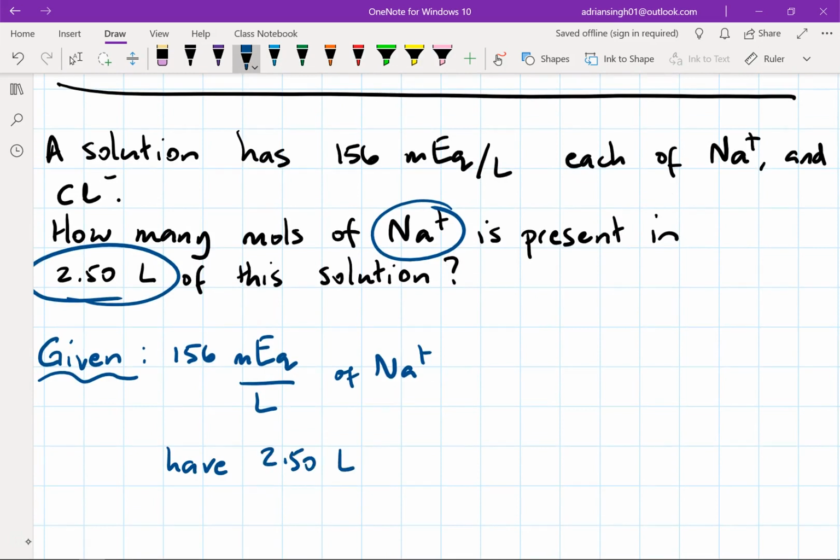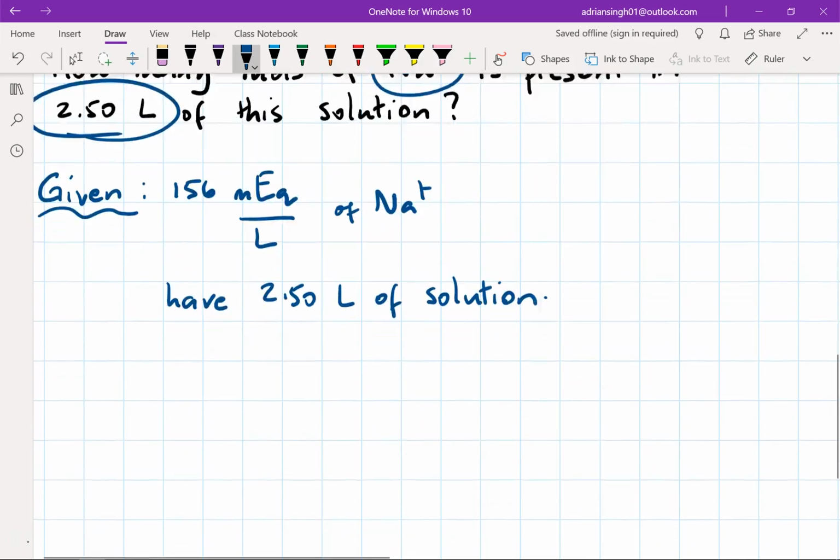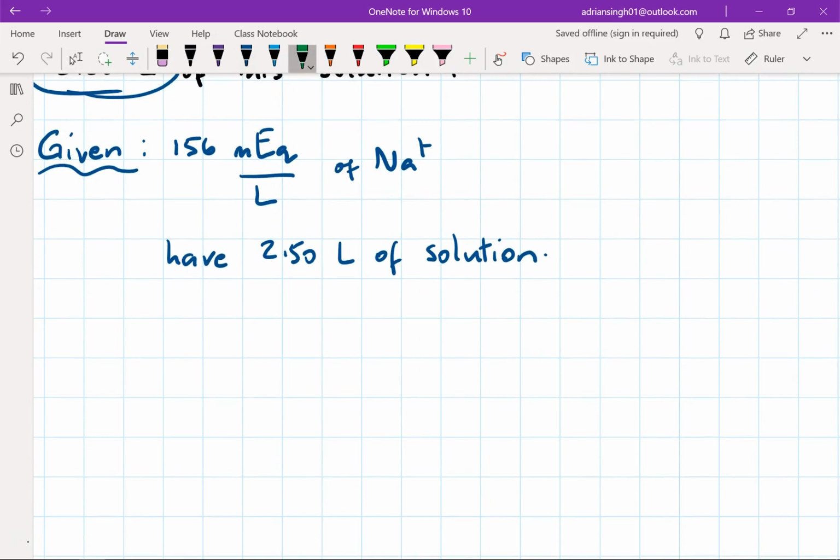So we can use that information to figure out the total number of milliequivalents we have in 2.50 liters, and then we can go ahead and pull in some of that earlier stuff that we learned. So what we eventually need to get to would be moles of Na plus.